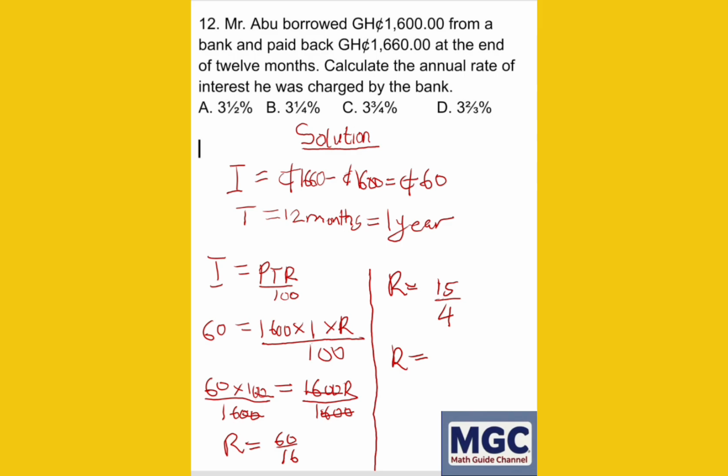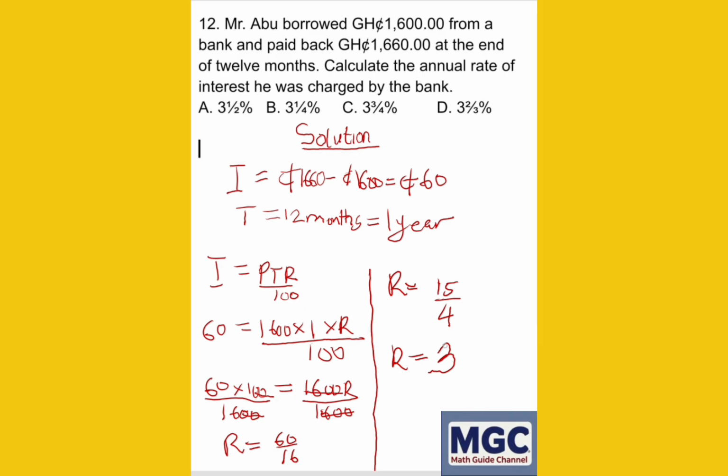If you check through the possible answers, you realize that all the answers are expressed in mixed fractions. So it's good we express our answer in mixed fraction. So by doing so, we ask ourselves how many times 4 can enter 15. That's 3 times. So we have 3 whole number. So if you multiply 3 by 4, you have 12.